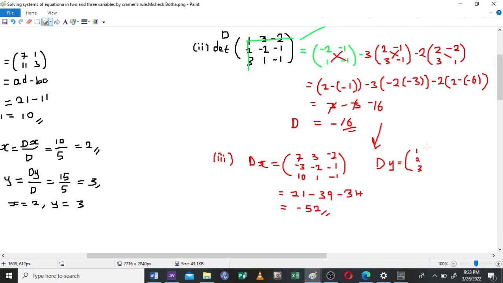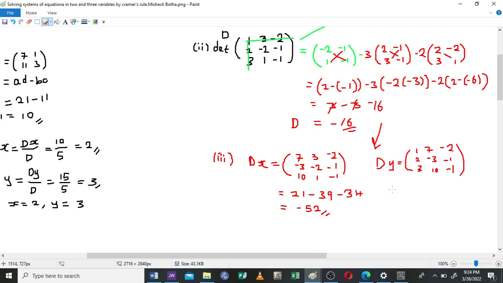Then you have the second column substituted by 7, negative 3 and 10 right there. Then your third column remains the same like this, right? Then we have to find the determinant of this matrix dy.